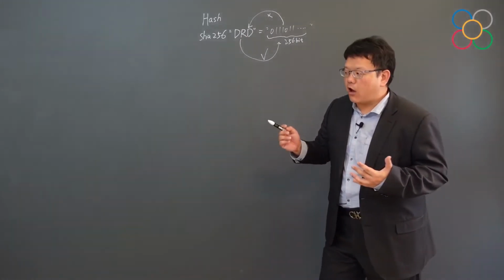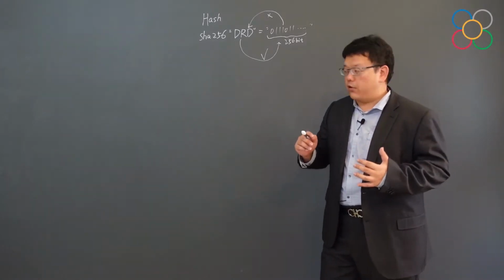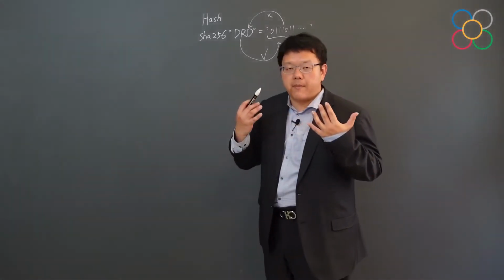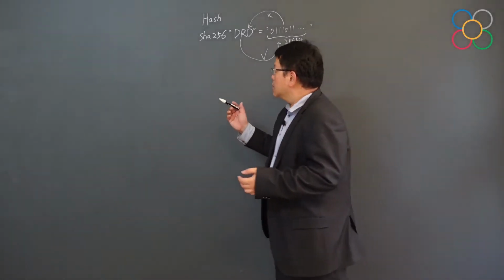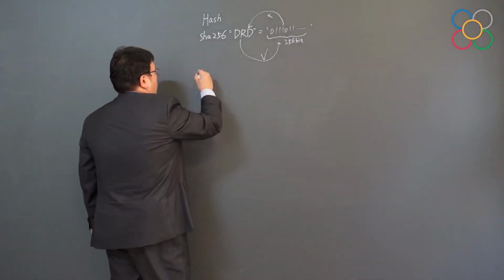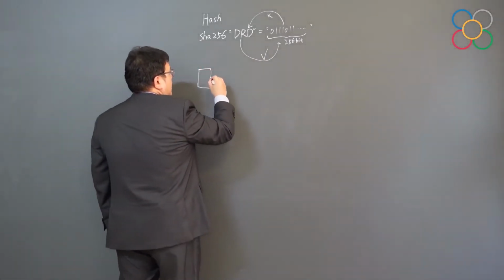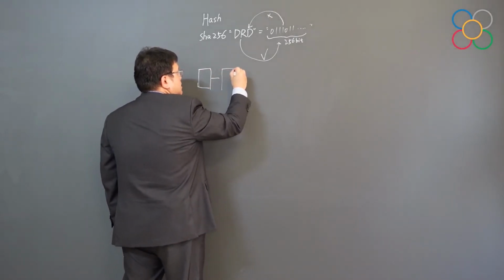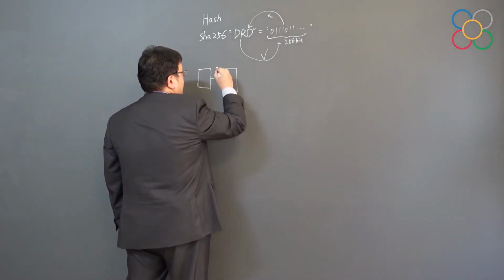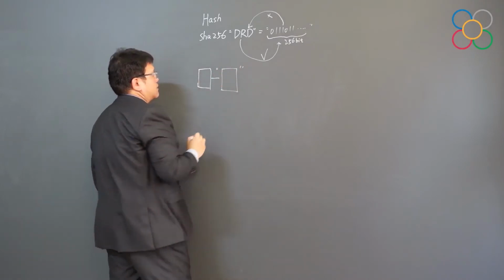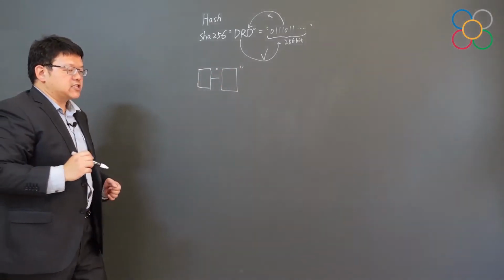Now I would like to talk about how Bitcoin mining works and what kind of math problem the miners calculate. For example, when we create a block, all the miners need to create this block. They will be working on one thing called a string.